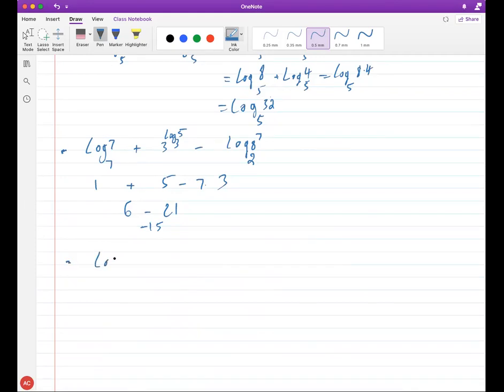Let's say log base. By the way, every log has a base, as we saw before. If you don't see a base in a log, the base is by default 10. If you don't see it, by default in the calculators, the base is 10, unless you change it or want to use a different base.